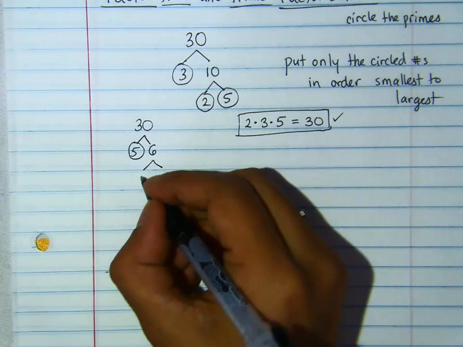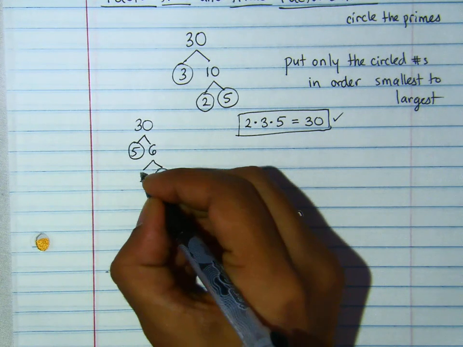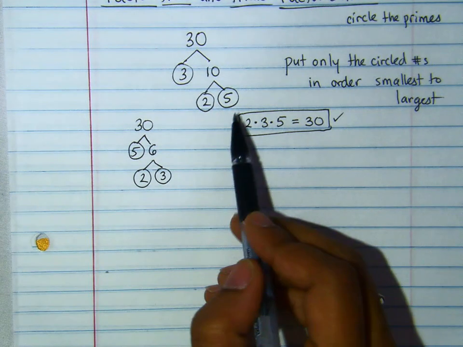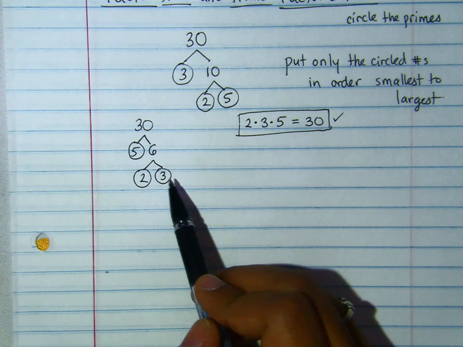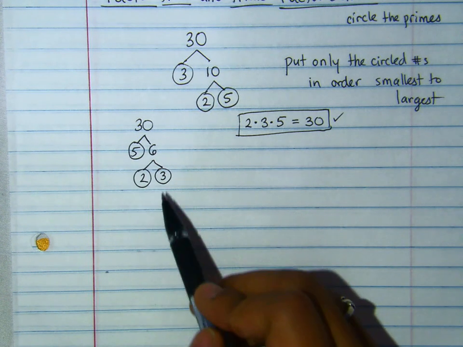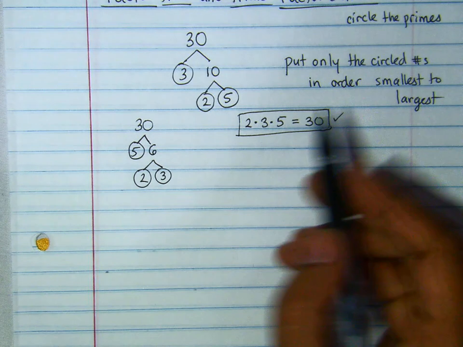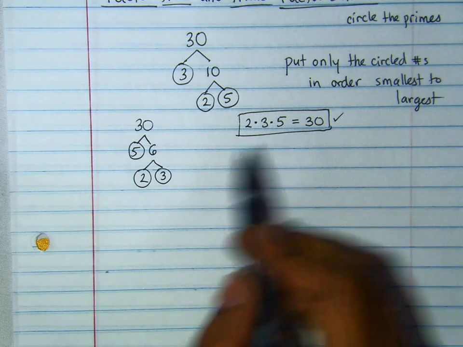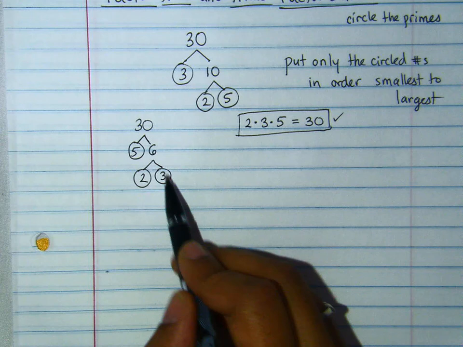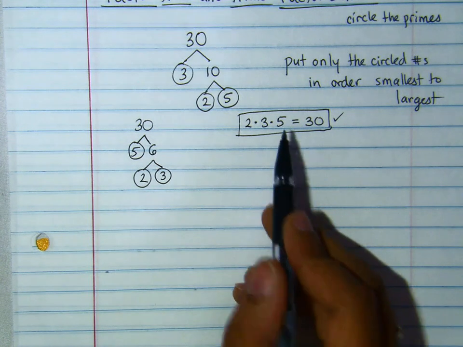So 6 is 2 times 3, and I would circle those. And you'll notice that even though they're in a different order, I end up with the same 3 numbers circled. And when I'm writing my prime factorization, I'm always going to put it in order, smallest to largest. So I would still get 2 times 3 times 5 equals 30.